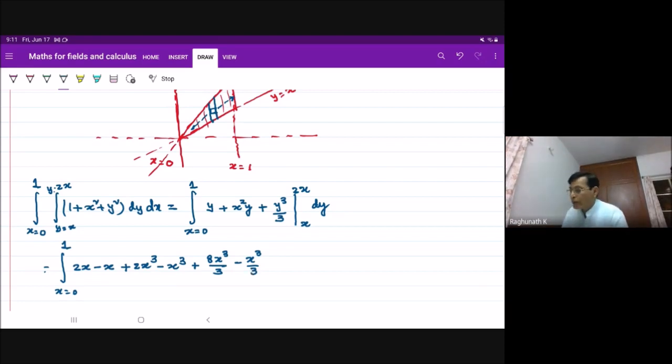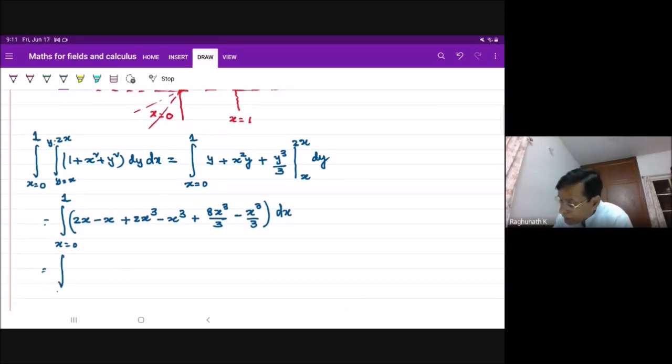Correct? dx, x is equal to 0 to 1. Simplify. 7x cubed by 3 plus 2x cubed is 13x cubed by 3, no? Minus x plus x cubed only. So 3 plus 7, 10x cubed by 3.